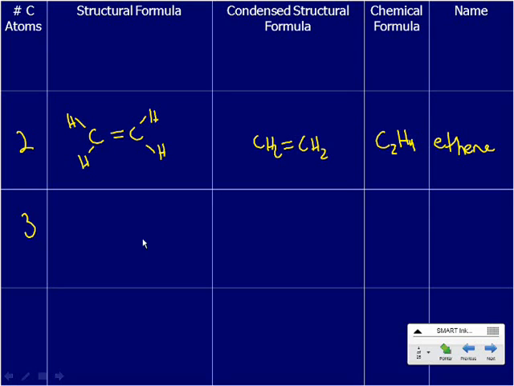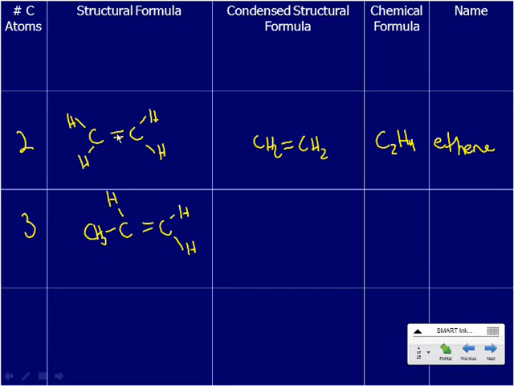3. C, C, and it doesn't matter, I'll put the double bond there. H, H, this has H3, and then it's got another H off to the side there. Notice these are all sp2, right?